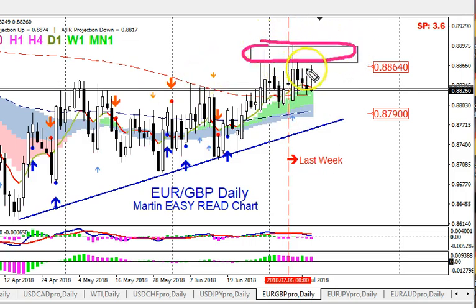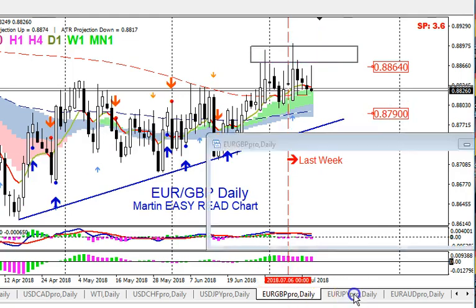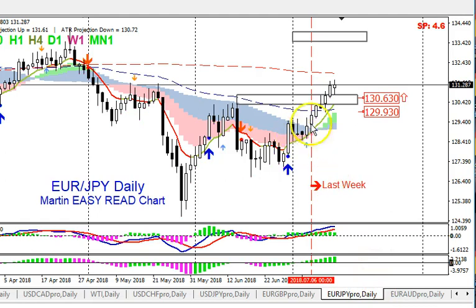In other words, buyers tried to break out and above this area and failed every time. Sellers kept bringing it back down, or sellers kept rejecting it. So with this one, I'd stay away. Price is just going sideways. You'd have to look at buys above 0.8864 and sells below 0.8790.